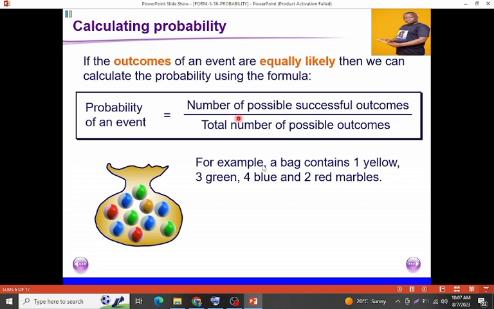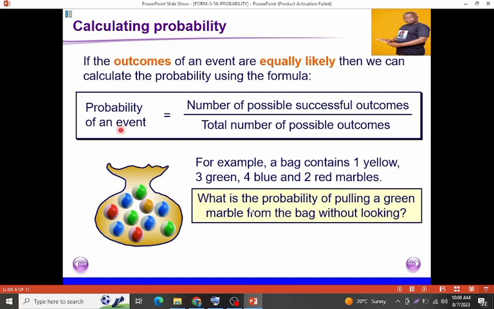For example, a bag contains 1 yellow marble, as you see here, 3 green ones, 4 blue ones, and 2 red ones. So what is the probability of pulling a green marble from the bag without looking?